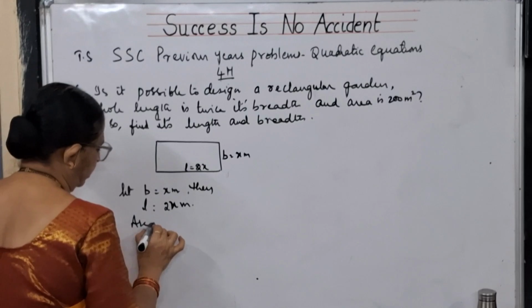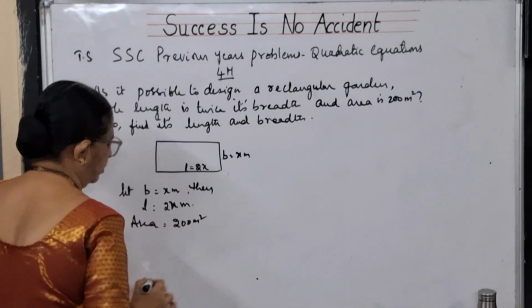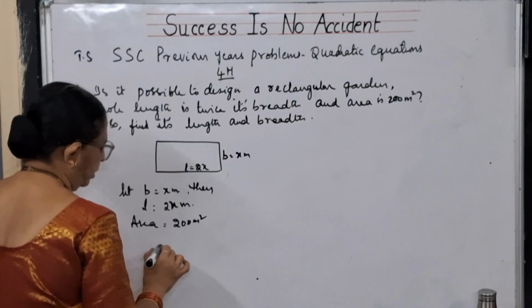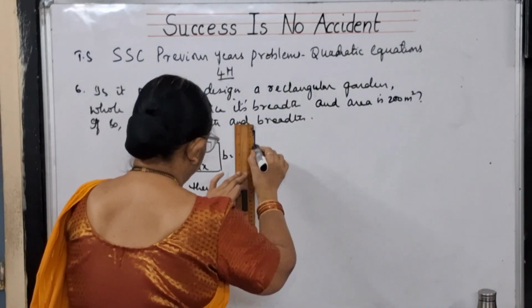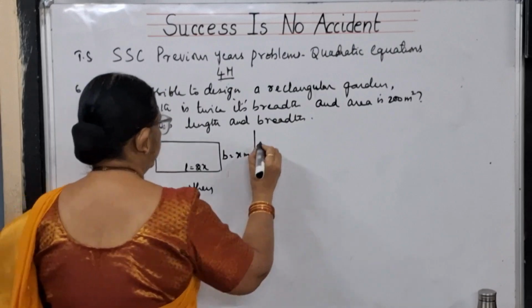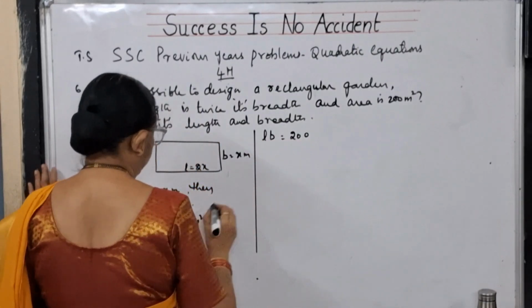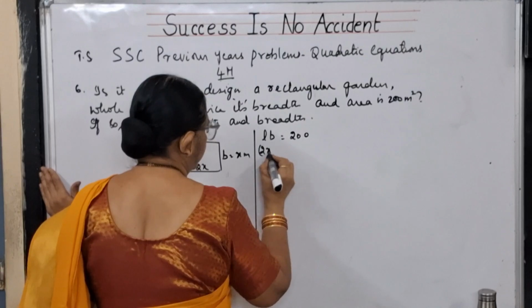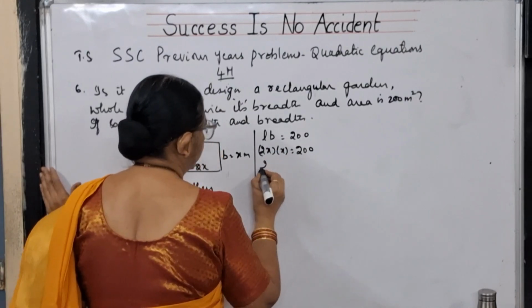What is area they have given? 200 square meters. That means what, children? L into B. We know that L into B is equal to 200. What is L? 2x. Into B is x is equal to 200.